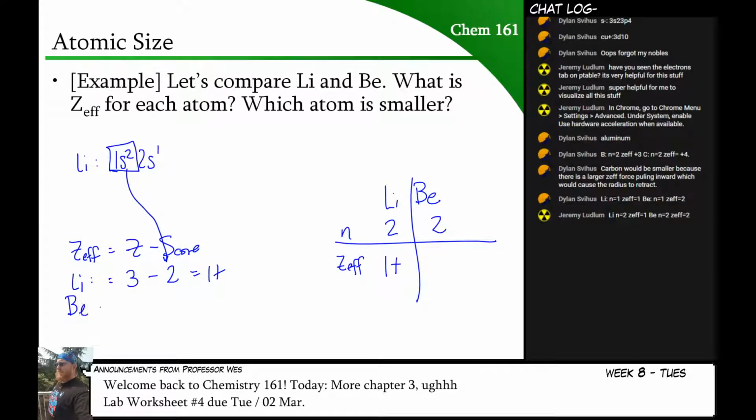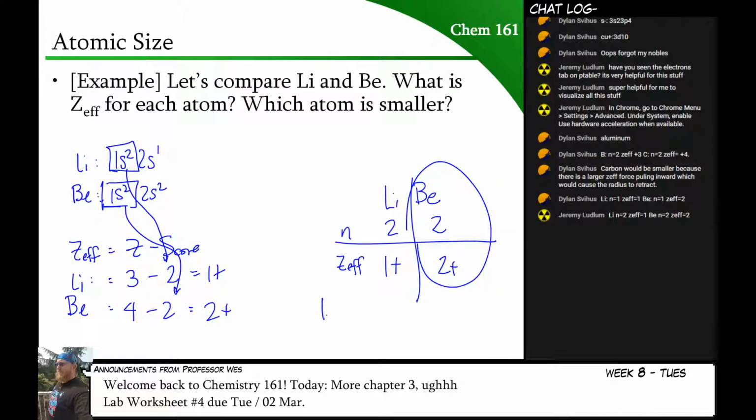And then for beryllium, there are 4 protons and it has the same 2 shielding electrons. So we would justify this by saying, larger ZEffective for the same n, smaller atom. So beryllium must be smaller than lithium.